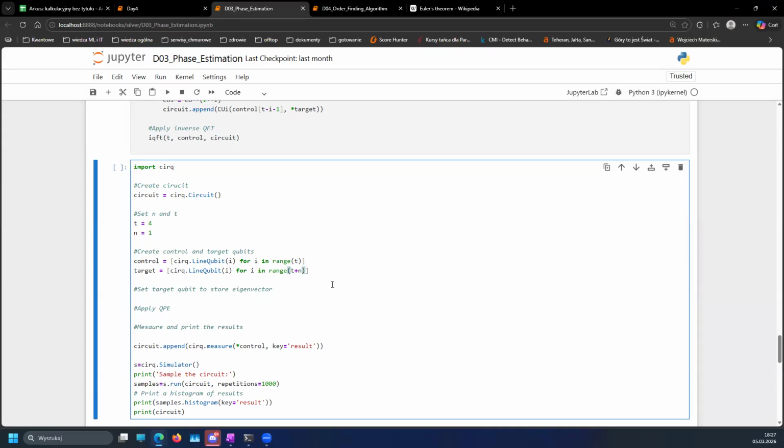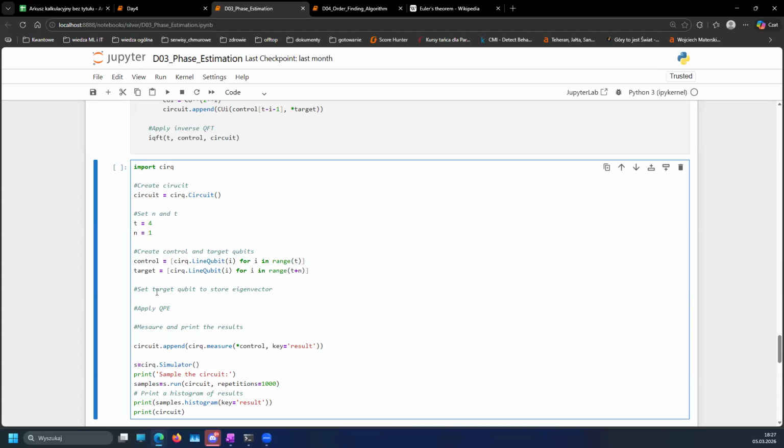So here in the control register, we would have qubits numbered from 0 to 3, because the range is open. And then here we will have qubit number 4. So this is to keep the numbering of qubits in place.